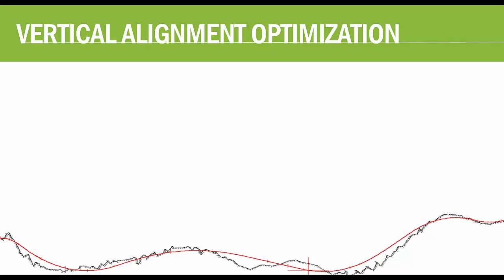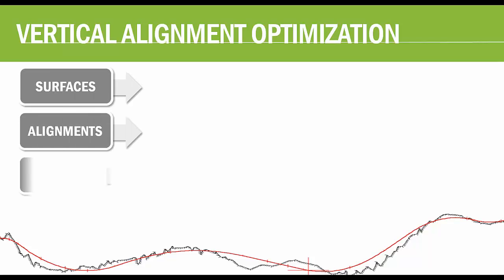For a quick introduction, what is vertical alignment optimization, and what is Softtree Optimal? Softtree Optimal optimizes the vertical alignment of a road or corridor by mathematically minimizing earthwork costs. It solves the complex 3D problem of minimizing excavation, embankment, and haulage given user-defined constraints.